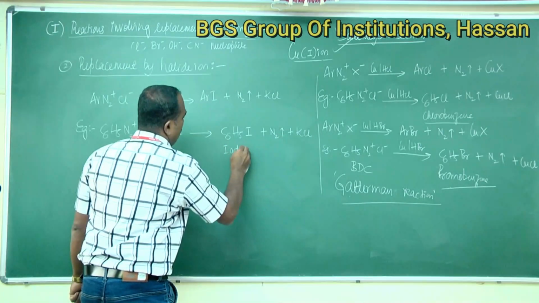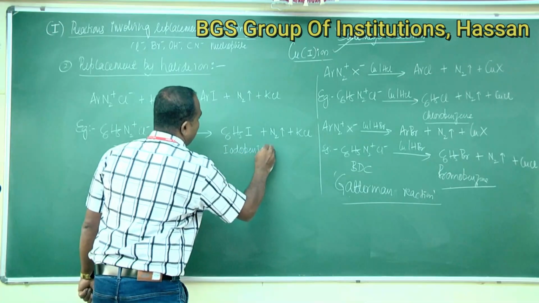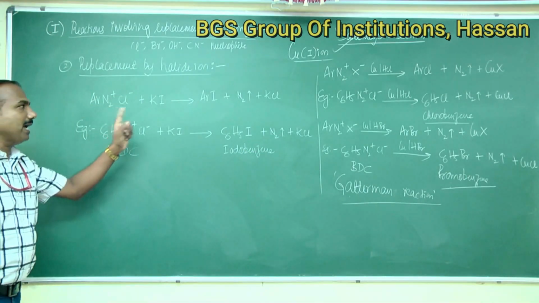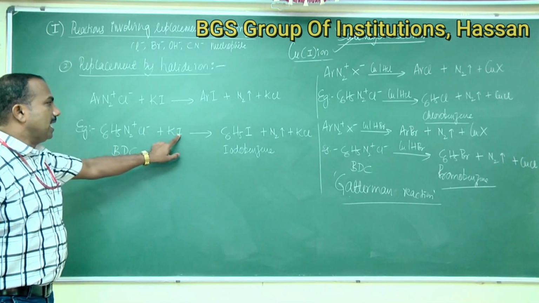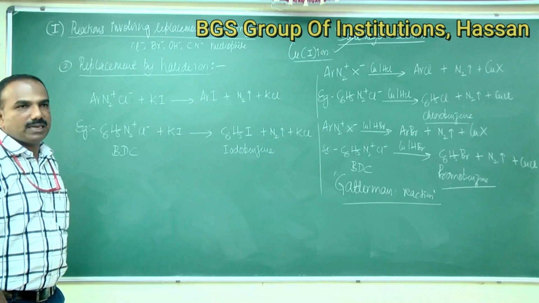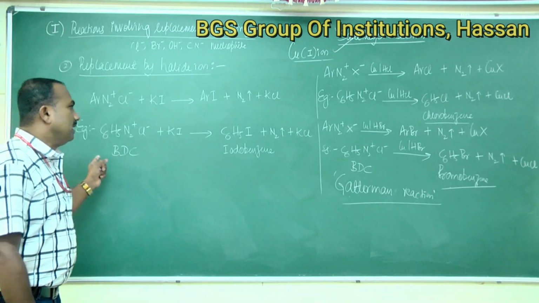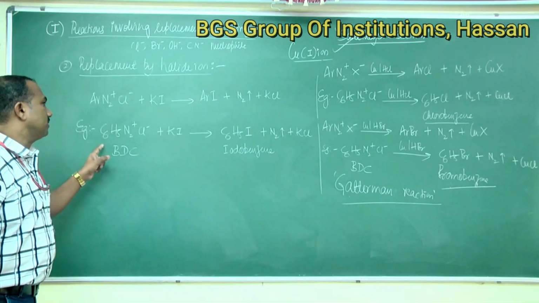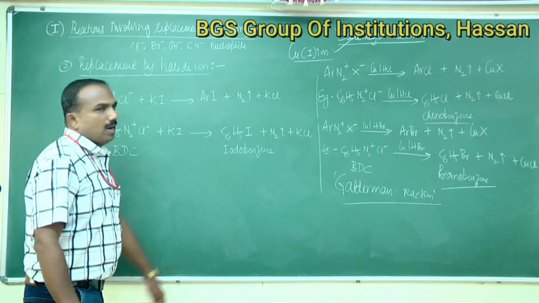This is iodobenzene. Iodine replaces the nitrogen group present in benzene diazonium chloride, and nitrogen gas is produced. So benzene diazonium chloride is converted to iodobenzene.